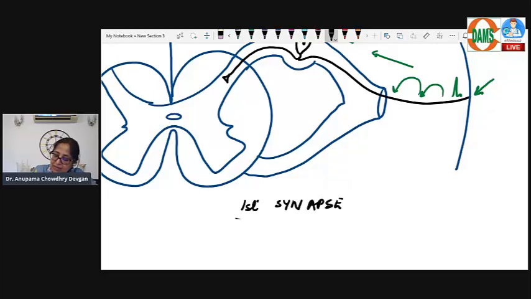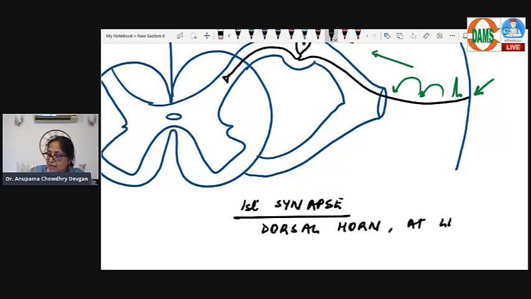In the dorsal horn of the spinal cord, at the level of entry into the spinal cord.